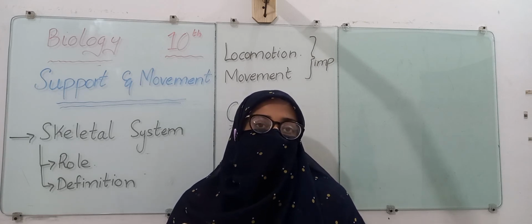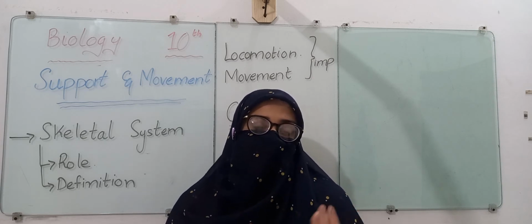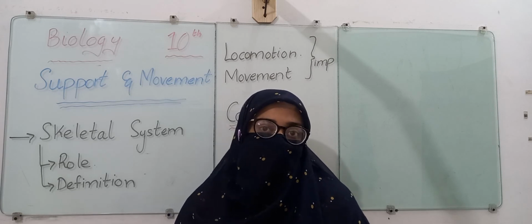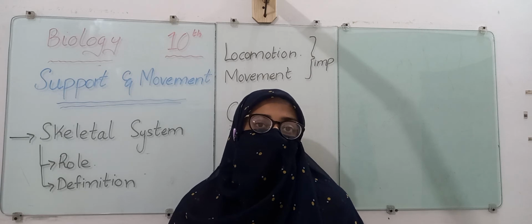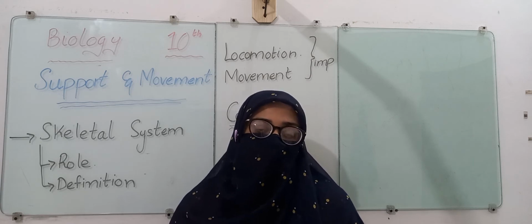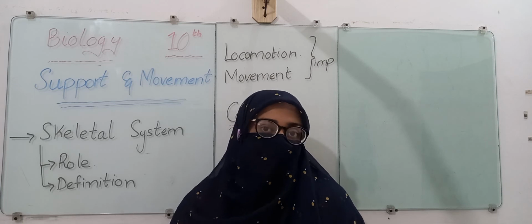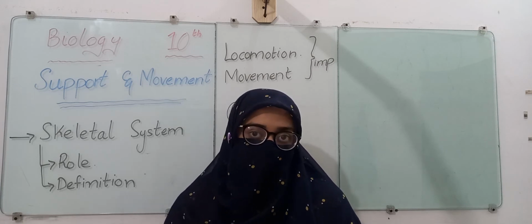So a skeletal system basically provides protection, and apart from protection, the second important function of the skeletal system is support. Support in the sense of living in the environment, especially the land environment, where we have to face a lot of competitors and a lot of factors are working against us. So we have to be extra careful.